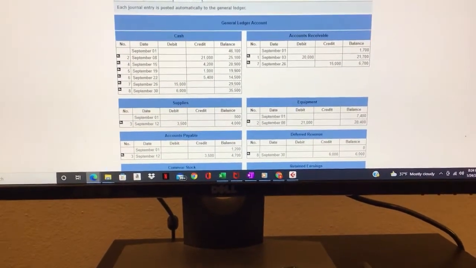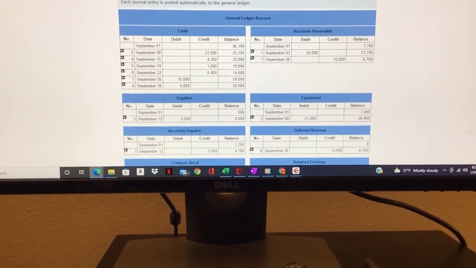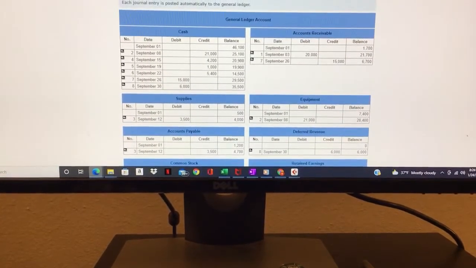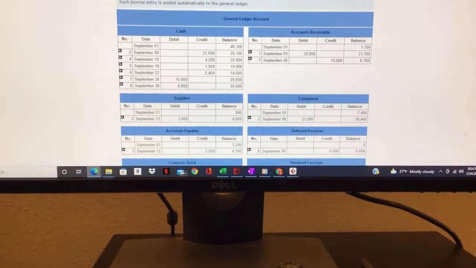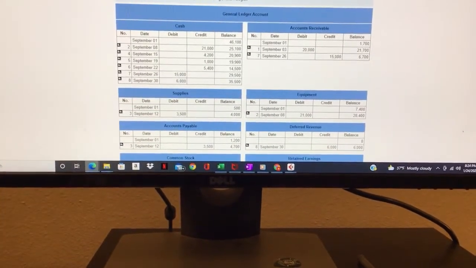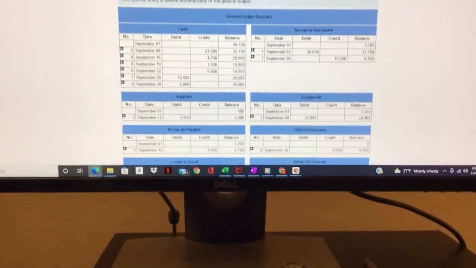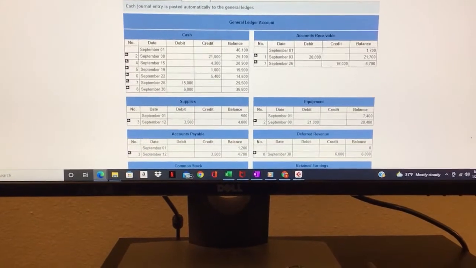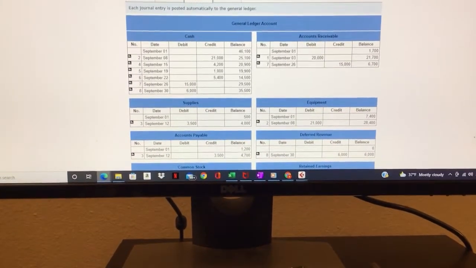$21,700. The next two accounts, one of them is for supplies on September 12th, and that brings that one up by $3,500, and one of them is for equipment, and that brings that one up by $21,000. What I hope you're seeing here is that unlike the journal entries, the ledgers aren't two-sided.